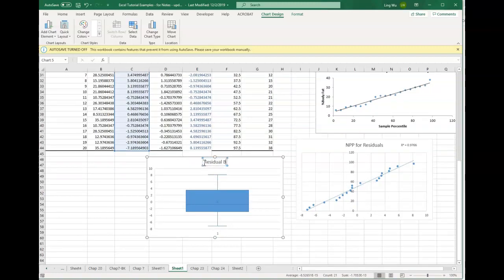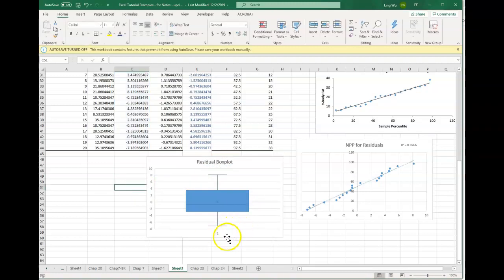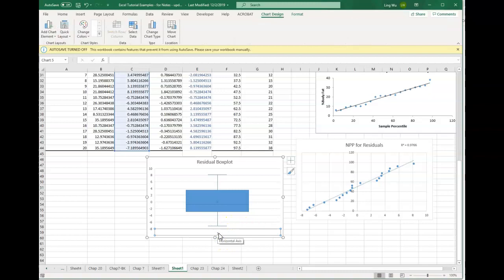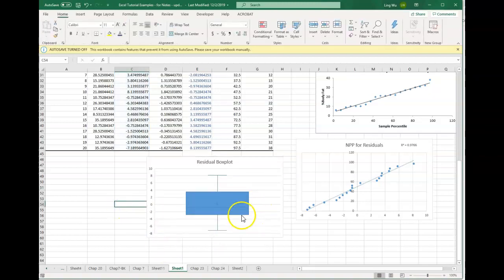Residual box plot. From this box plot, normally we try to see if there are any outliers. This one shows we don't have outliers at all. And then this is the normal probability plot for the residuals, and these data points are very close to the diagonal line. So we see it fits the near normal condition quite well.